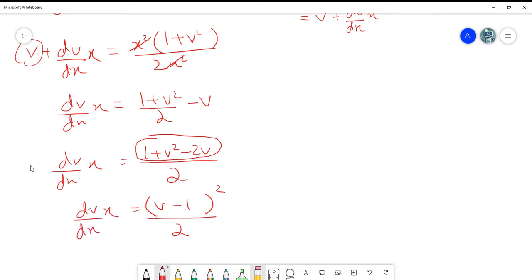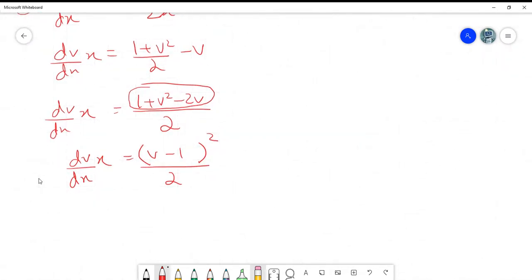Now let's try and separate the x and dx on one side and dv and v on the other side. So what I'll do is I'll cross multiply first up. So I'll have dv times 2x equals v minus 1 whole squared times dx. Now let's further separate them.